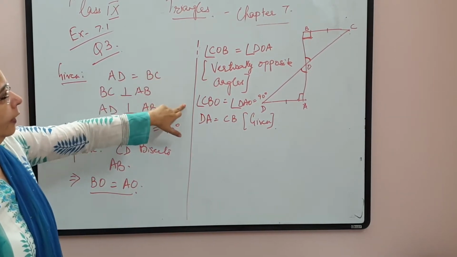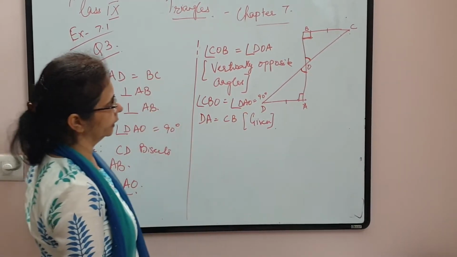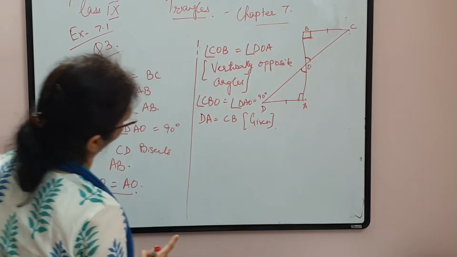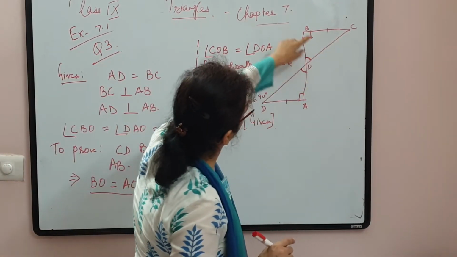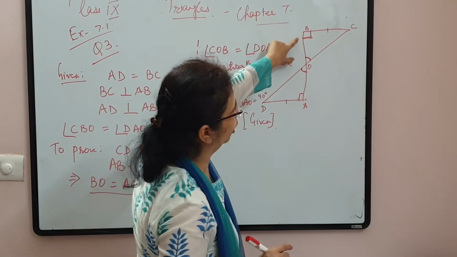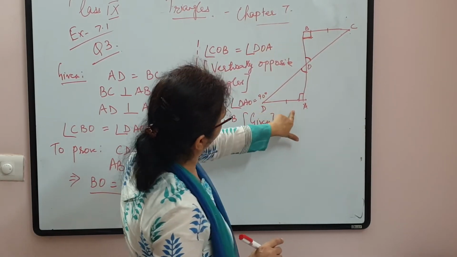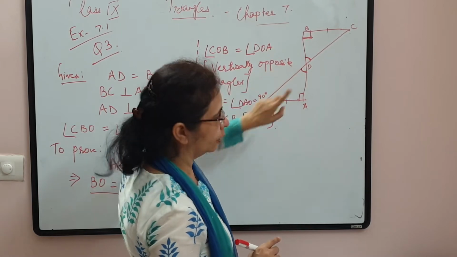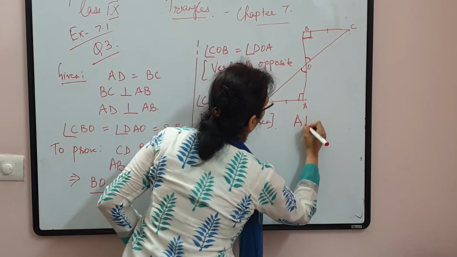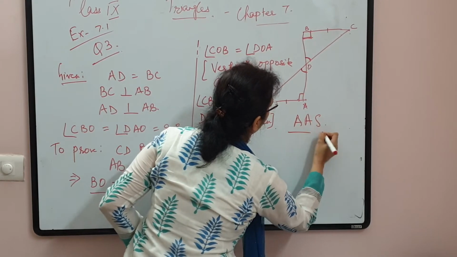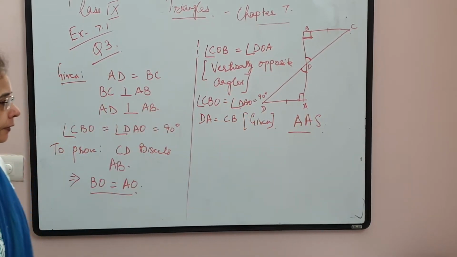What do you find, children? Angle, angle, side. Isn't it? Now, see if this side is an included side. BC, is it an included side between these two angles? No. DA, is it an included side between these two angles? No. But we can prove congruency through AAS, angle, angle, side.